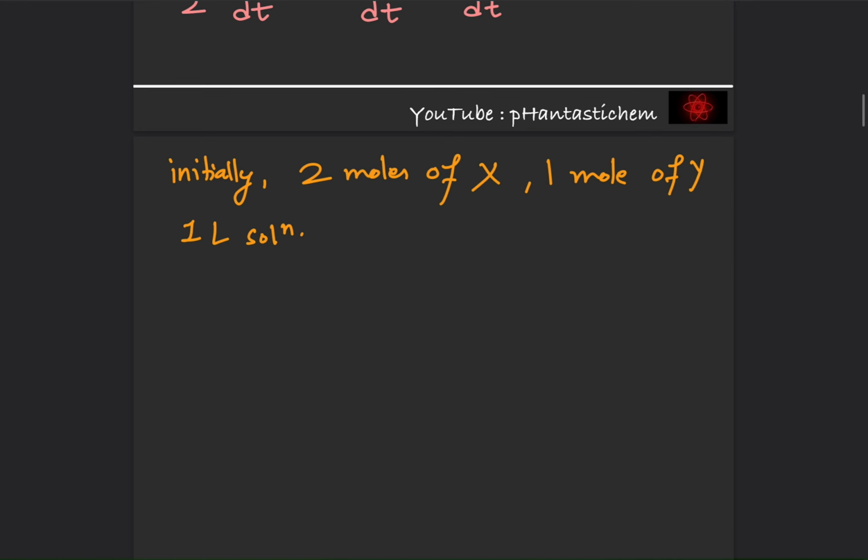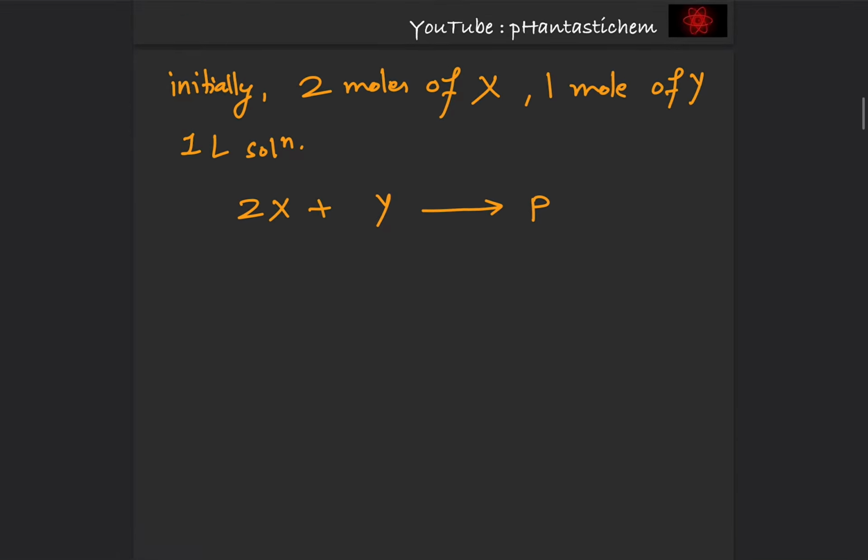Important information. Okay, so we will write down the reaction. Our reaction is 2X plus Y giving us P. So we will make an ICE table for this. ICE table is initial, change and equilibrium table. So it is given to us that at time t equal to 0, the number of moles of X is 2, the number of moles of Y is 1, and obviously the number of moles of P will be 0. Okay, so let's say this is the initial.